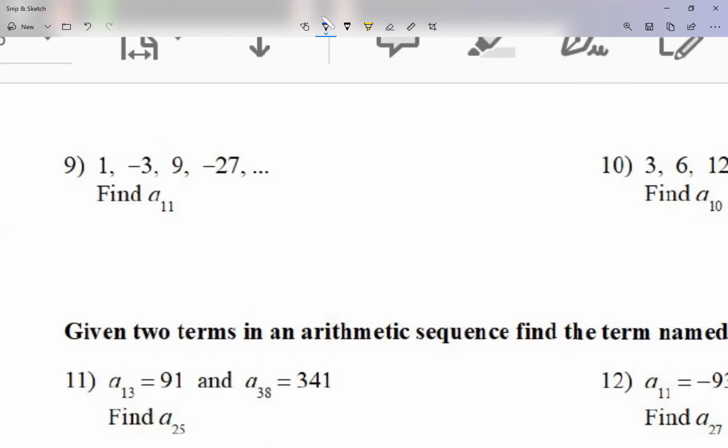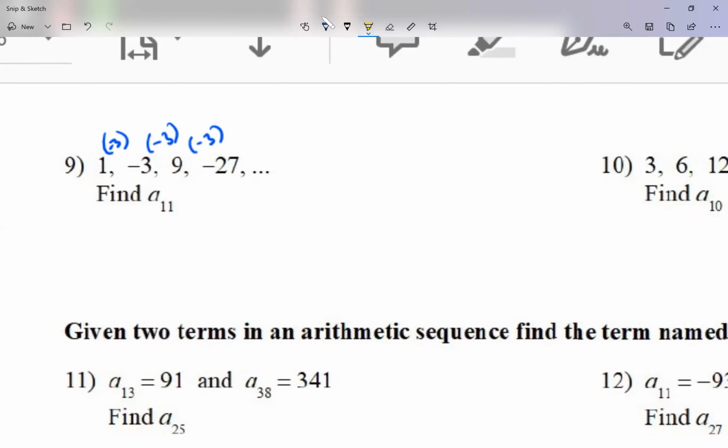Another operation that we know is multiplying. Can I multiply this by a negative 3, right? 1 times negative 3 is negative 3. Times a negative 3, yeah, that gives me 9, times a negative 3, times a negative 3. So in this case, I'm not adding, I'm multiplying.